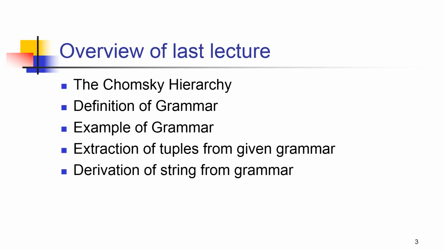We had also picked a few examples of grammar, how to identify all the tuples from that grammar, and how to derive any specific word or string if any specific grammar is given. So all those stuff we have done in our previous lectures.